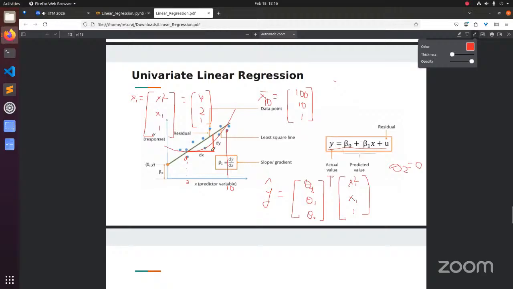If these points came from a single linear line, then we expect that if our model is trained properly, theta 2 should become 0, theta 1 should become equal to beta 1, and theta naught should become equal to beta naught. Everyone is okay with this?